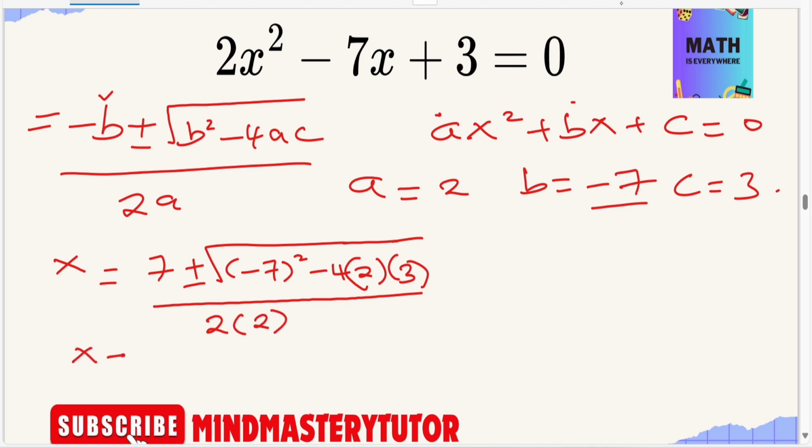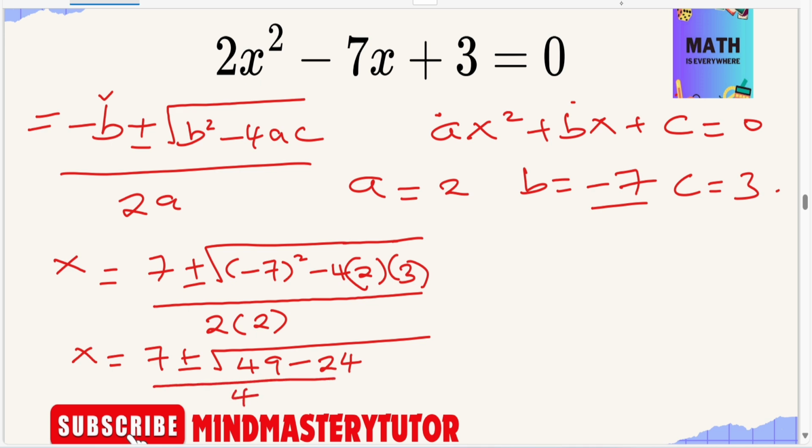So x equal to 7 plus or minus. So -7 squared ni 49. Minus 4 times 2 times 3 ni minus 24. Divide by 4. Okay.